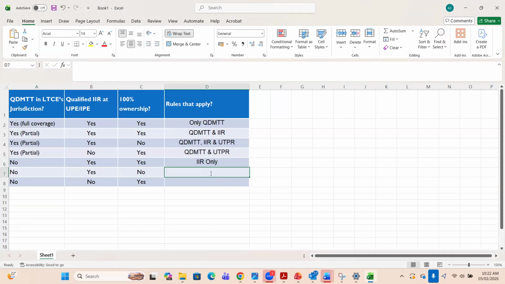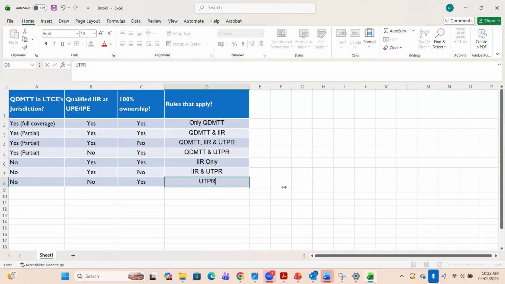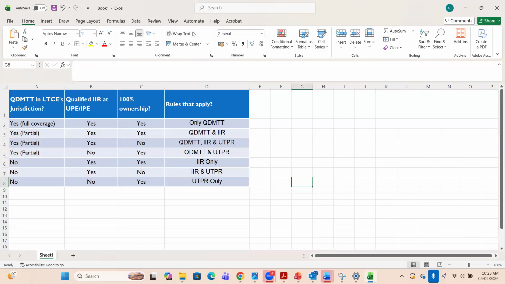Sahil is right, there would be IAR and UTPR. Now, with respect to the last one, let's do that and then take Ashik's question. So there is no QDMTT, there is no IAR also, then it becomes very obvious that 100% of the top-up taxes for that LTC will be collected by UTPR. Yes, UTPR only.